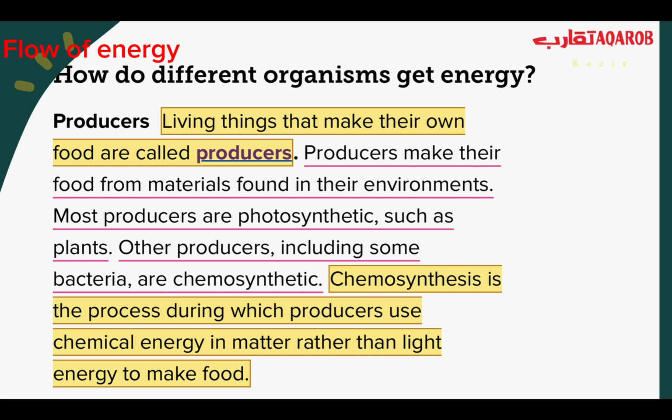If producers use light energy to make food, we call them photosynthetic. So photosynthetic is for producers who use light energy to make food. Chemosynthetic is for producers who use chemical energy to make food.